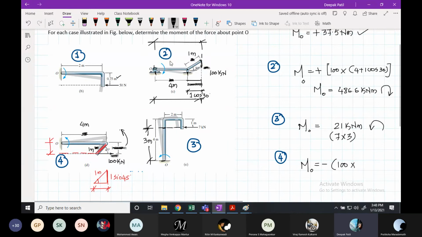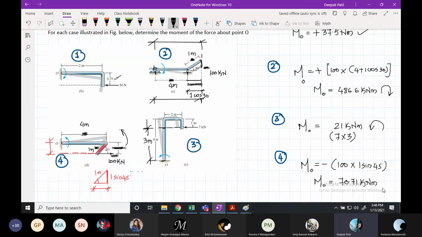So simply it is 100 multiplied by 1 sin 45. So it is 100 sin 45. It comes out to be 70.71 kilonewton meter.